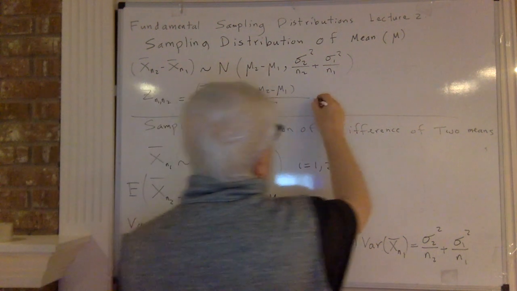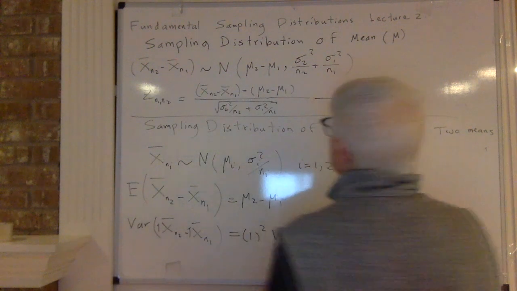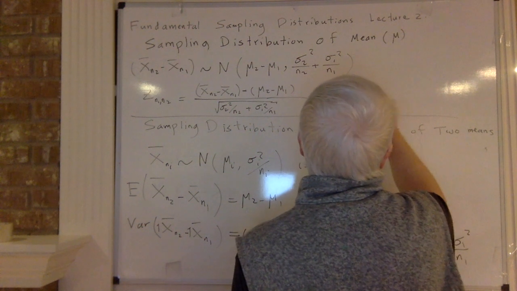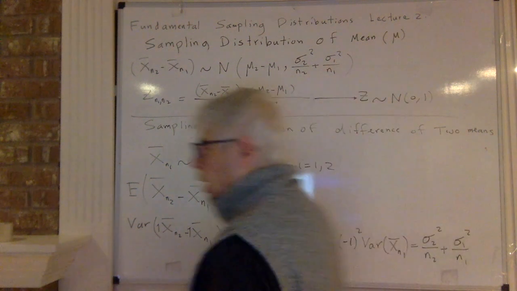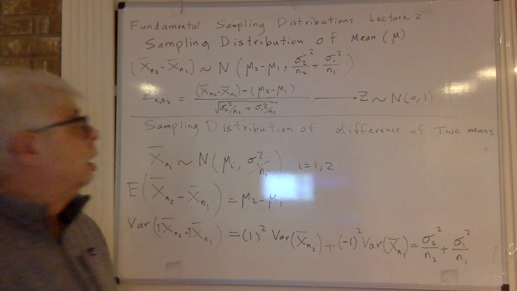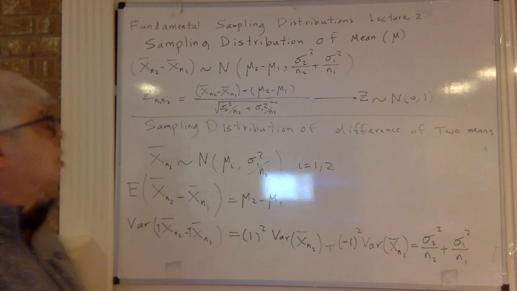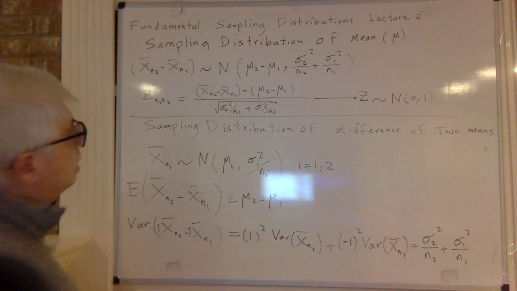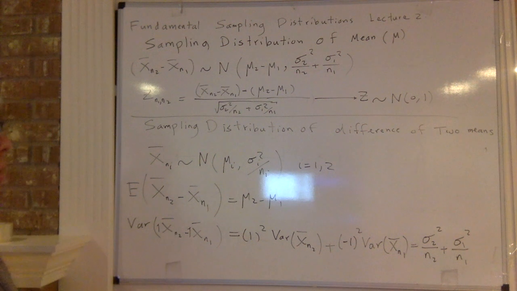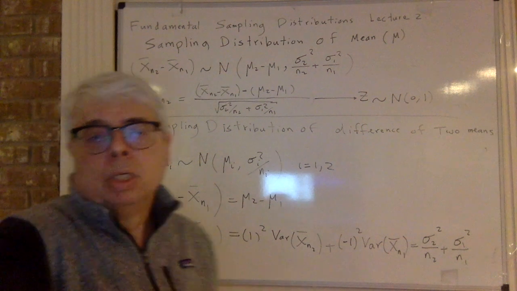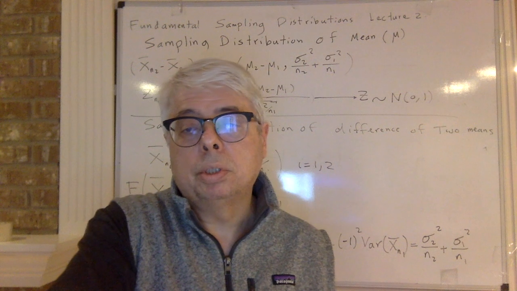So this approaches, as n1 n2 get large enough, a Z, which is N(0,1). So as n1 n2 get large enough, we can say that this Z is a good approximation. I mean, it's almost standard normal. So we can treat that as a standard normal in what we will be doing, and we will see that. That was the difference.